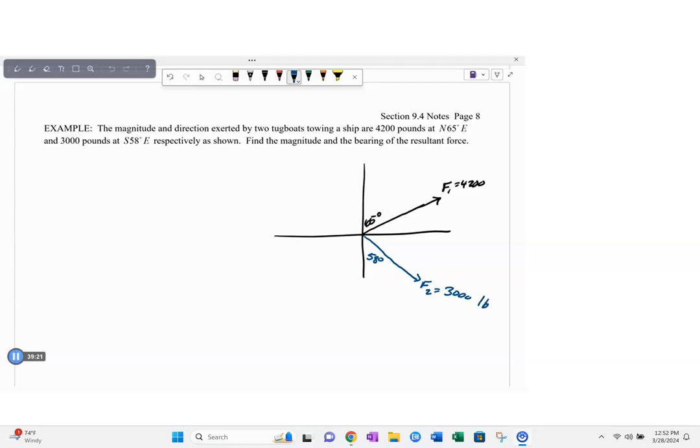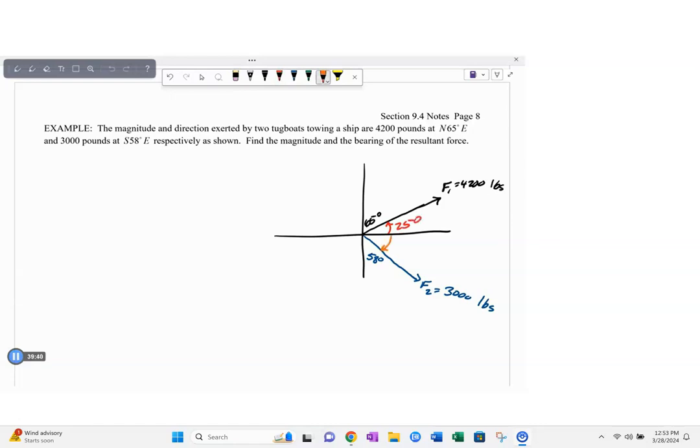Now we need to break this up into components, but notice the degree that we actually want is right there. So 65 minus 90, that'd be 25 degrees.